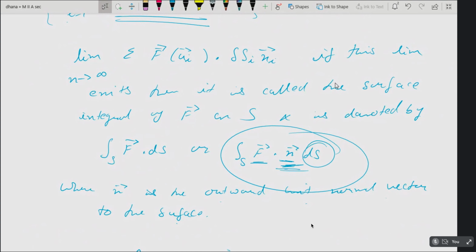And what will be this ds? How will you evaluate this integral? You have one integral sign which is taken over this surface, ds is written. What is this ds? So this surface integral we will evaluate by expressing it as a double integral by taking the projection R of the surface S on any one of the coordinate planes.